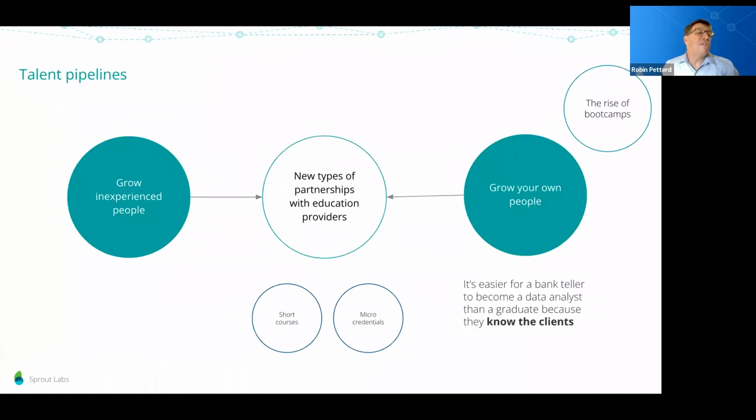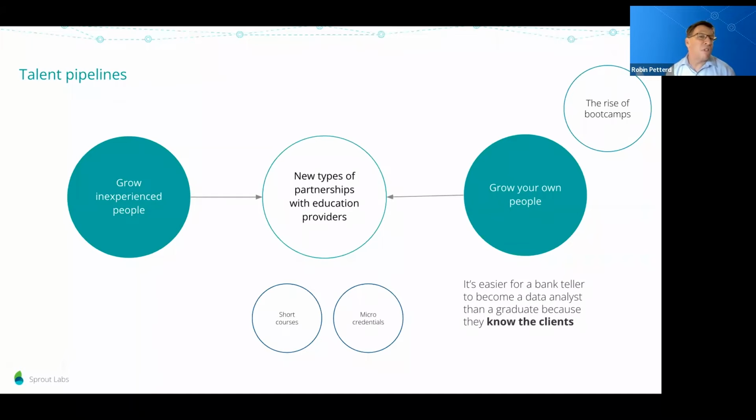He thinks about this as quite often new partnerships with educational providers, in two different ways. You grow your inexperienced people who are maybe not university graduates, a really diverse group of people, and you have new partnerships with educational providers to bring them into the organization.